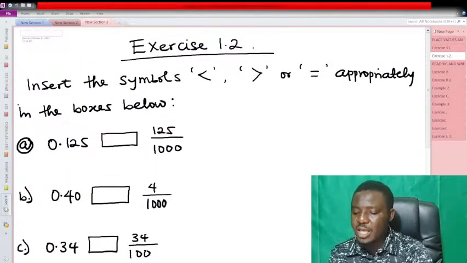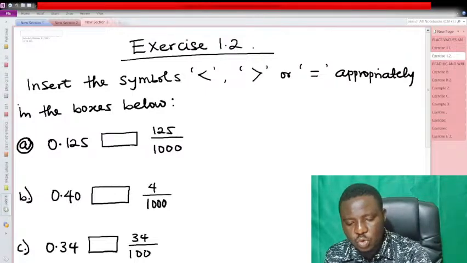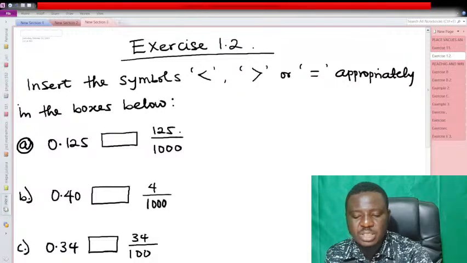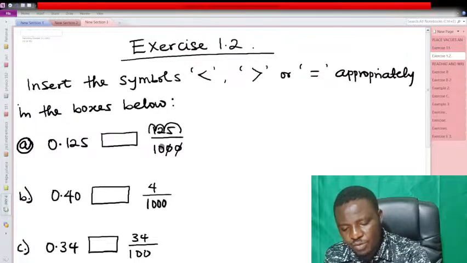So I'm going to do A for you. A, we have 0.125. They are asking us what's the relationship with 125 divided by 1,000. So since the decimal point is here in terms of 125, if I move it one time, I'll cancel this, move it again, I'll cancel this, there's still 1 zero, so I can move it again.